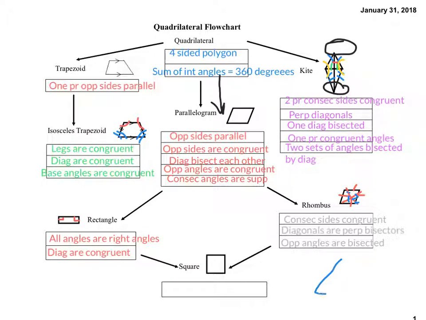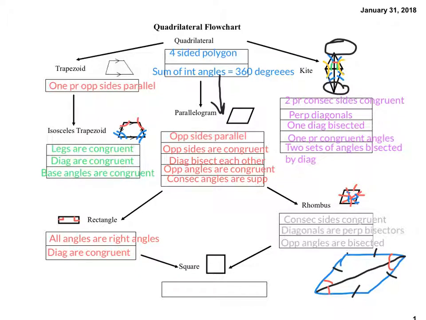If I have a rhombus like this, here's my beautiful rhombus. My sides are all going to be congruent. And here's my diagonal. What this diagonal does, first of all, we know the opposite angles are congruent, but it bisects those angles. So I have 4 congruent angles that are across from each other.